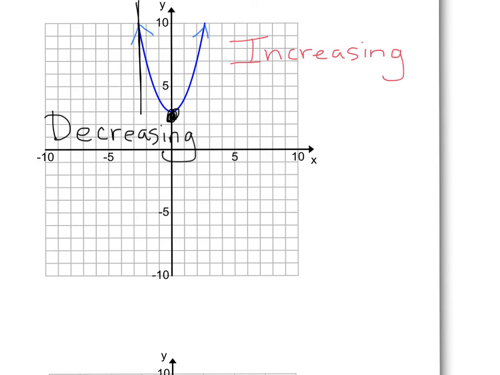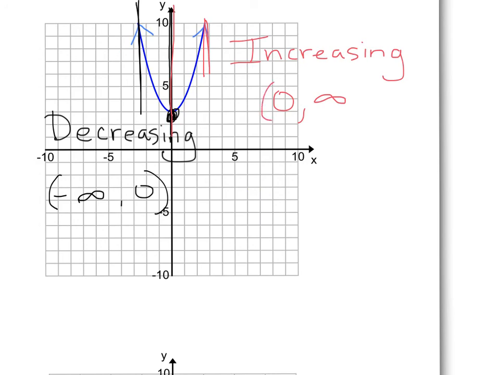It's on the left side of the graph, so negative infinity until the interval ends at 0. On the right side of the graph, we begin at 0 and continue on to the arrow, so positive infinity.